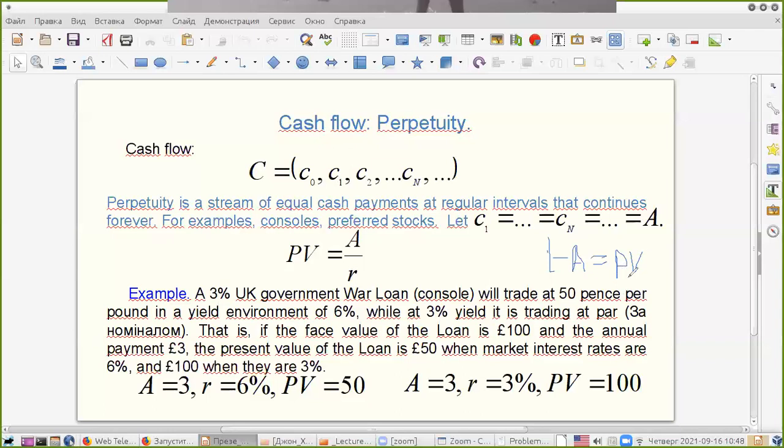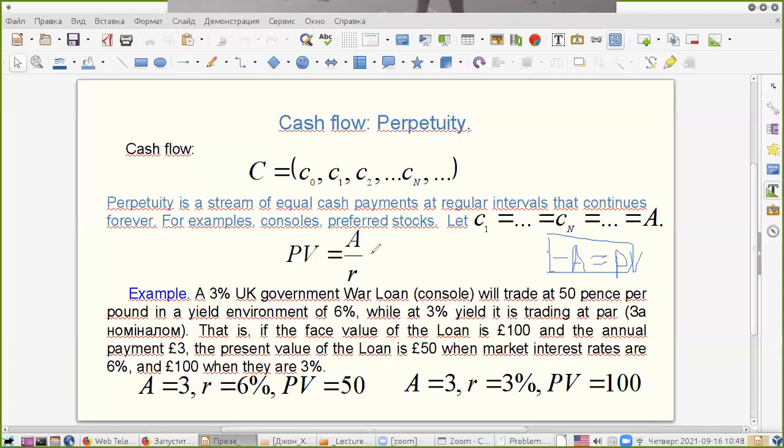Because it will repeat: the present value at the beginning of the year, and at the end of the year the same expression, and so on. And from this equation we can get this formula.